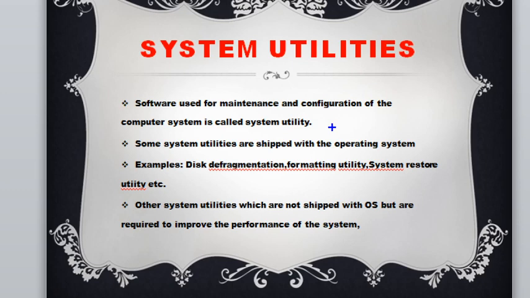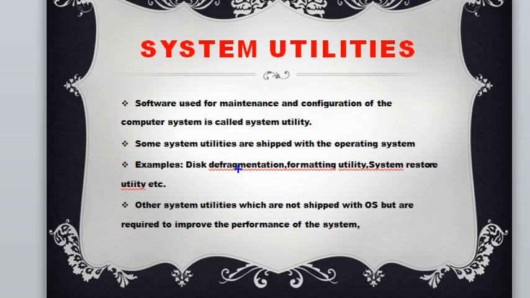But once we are running the computer, we have to maintain it. For that, some utilities are there. Some system utilities are shipped with the operating system. Suppose we have installed Windows 7 or Windows 10. For any computer, we first install the operating system, and with that operating system some system utilities will come.